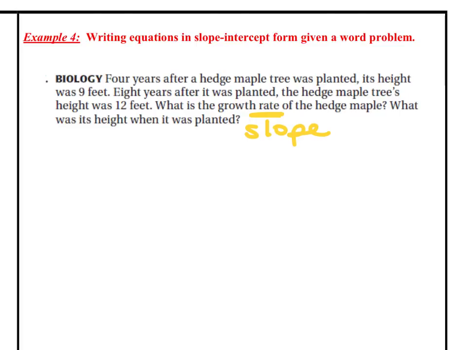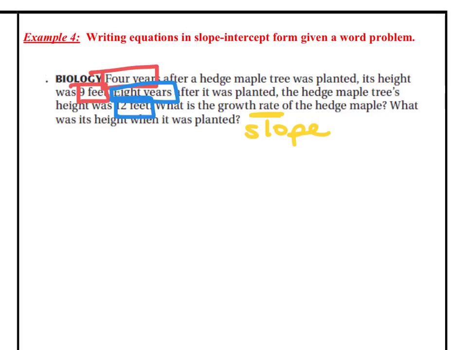So the first thing we want to do is look for pairs of numbers, because if I have 2 pairs of numbers, then what I have is actually 2 points. So I'm going to do the first pair of numbers in red. I've got 4 years. After 4 years, I got 9 feet. Second pair of numbers, I'm going to do it in blue. 8 years gives me 12 feet.